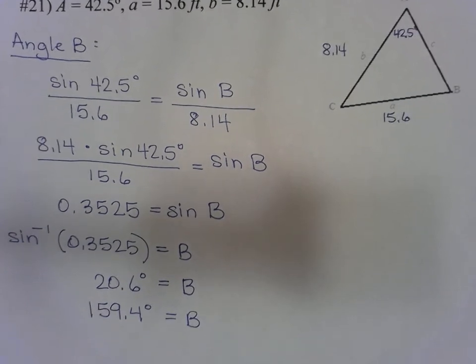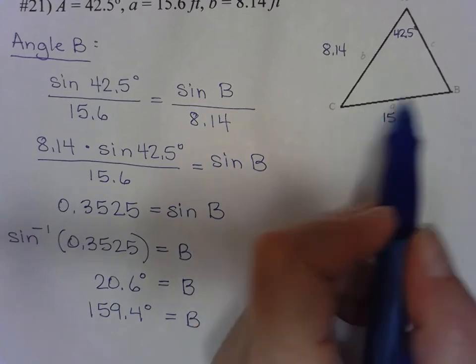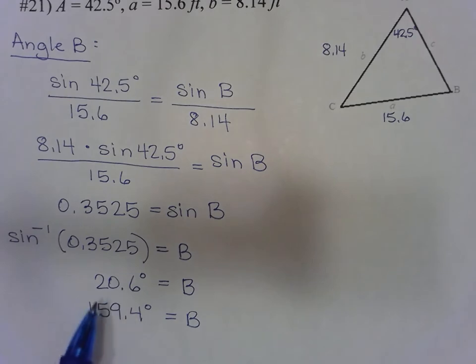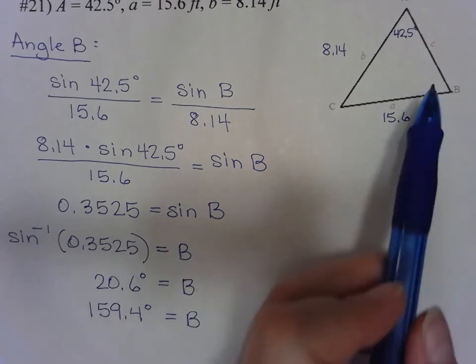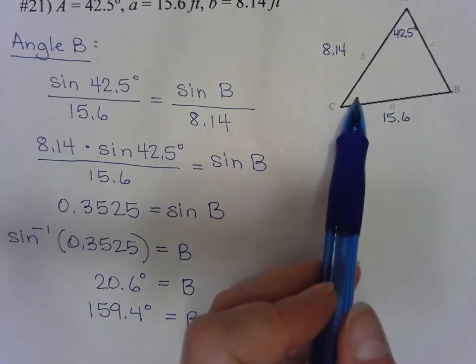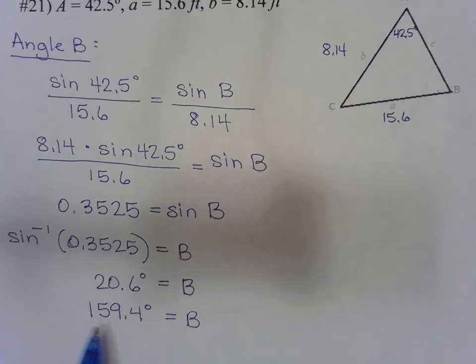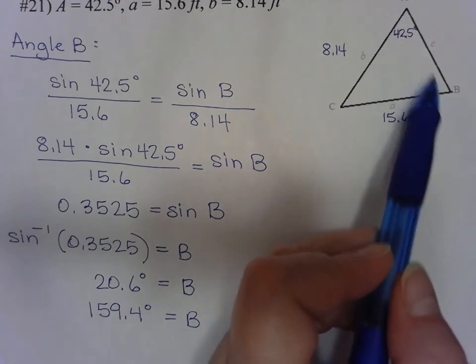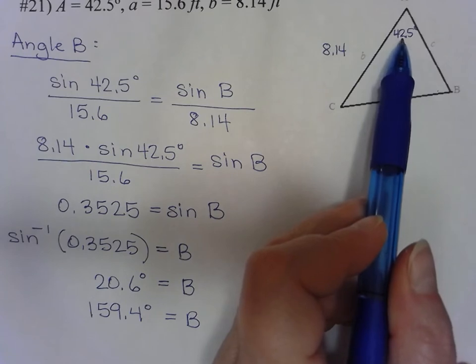And make sure that they're possible, right? Now this is just a generic triangle that's certainly not drawn to scale, but if B were 20 degrees, 20 plus 40 plus something else could add up to 180. But if B were 159, let's round it to 160, 160 plus 42 is going to be more than 180, right?